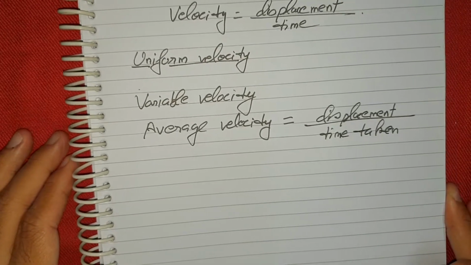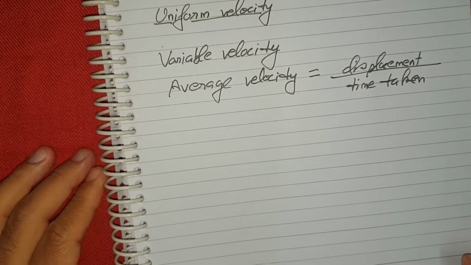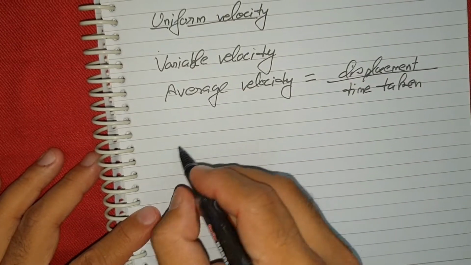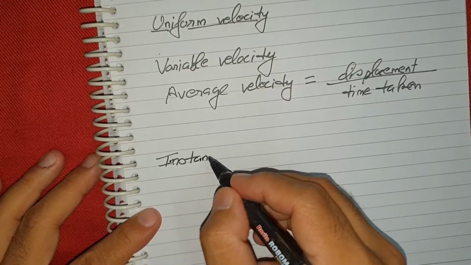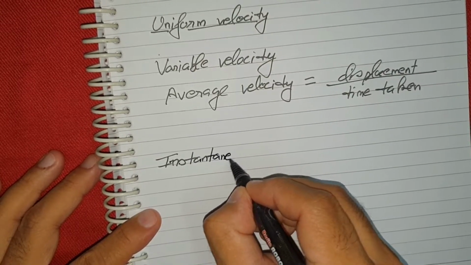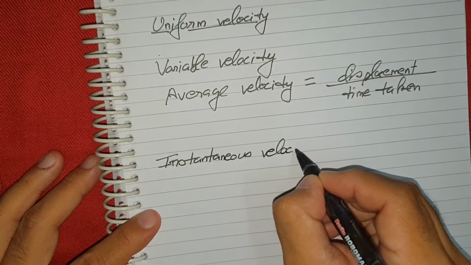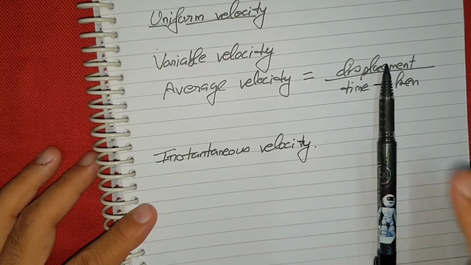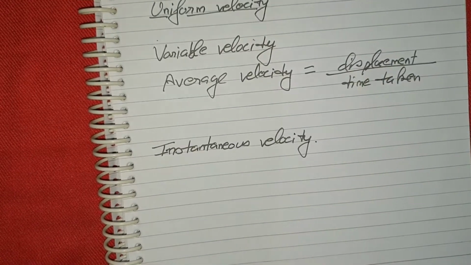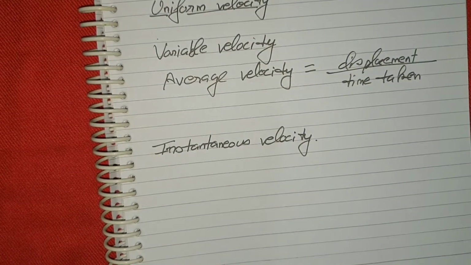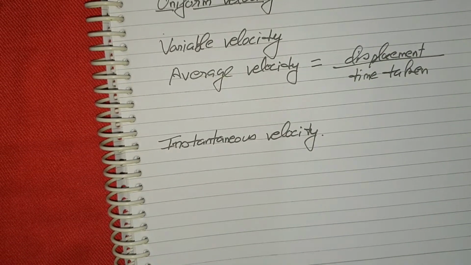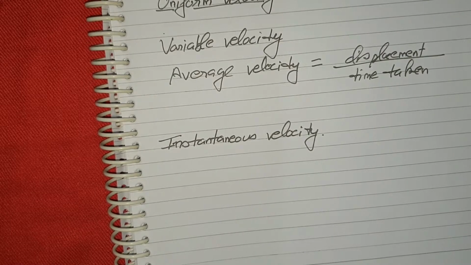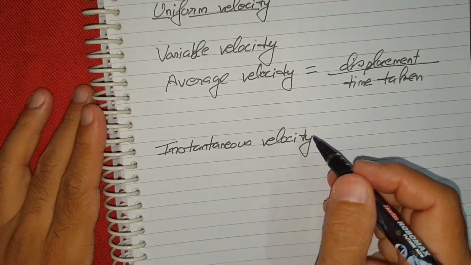Now, as we have instantaneous speed, we have instantaneous velocity. The instantaneous velocity of an object at an instant of time is defined as the limit of the average velocity as the time interval delta t becomes infinitesimally small.